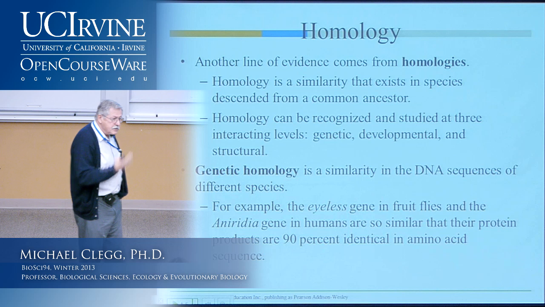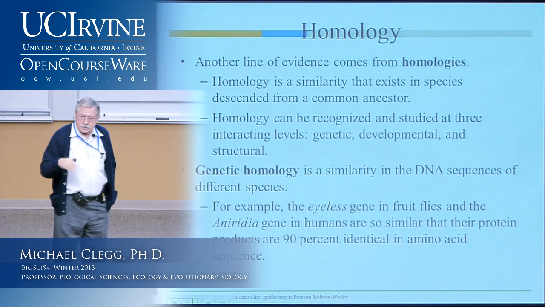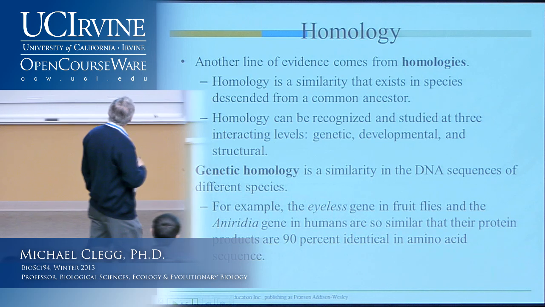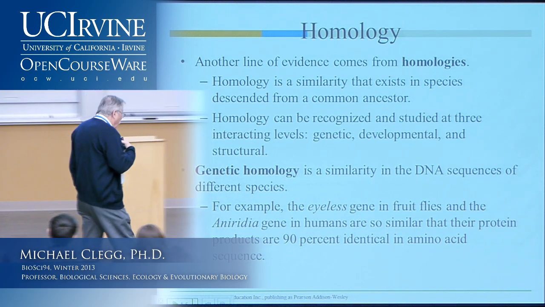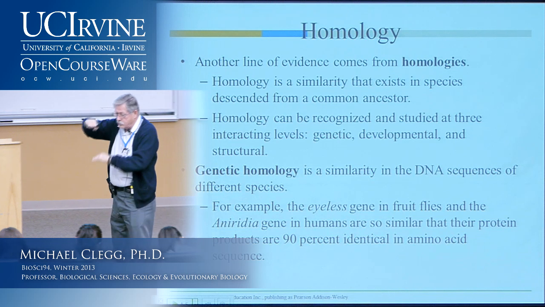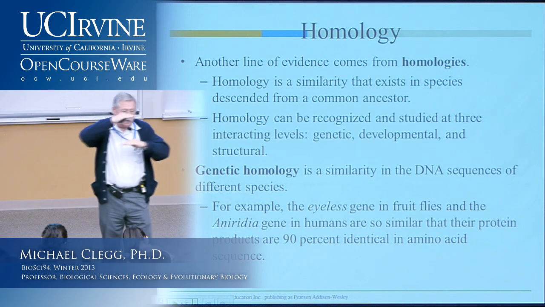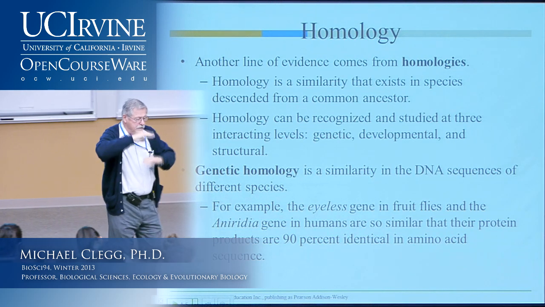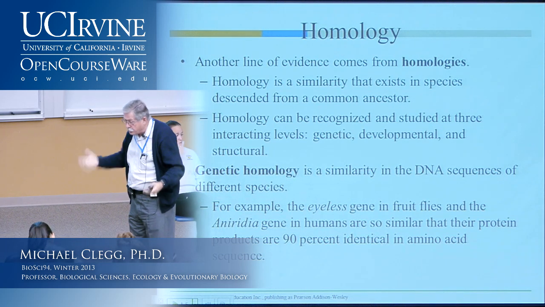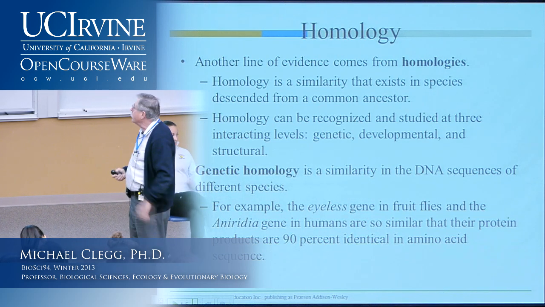Now, there are various kinds of homologies, and I mentioned this at the start of the lecture. A homology is simply the similarity that exists in some structure between species descended from a common ancestor. And they can be genetic, developmental, or structural.